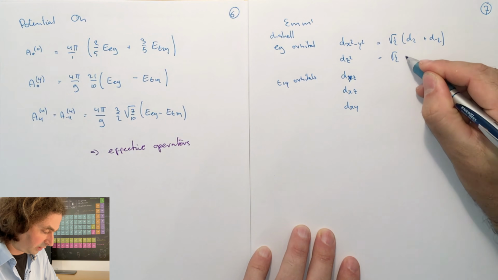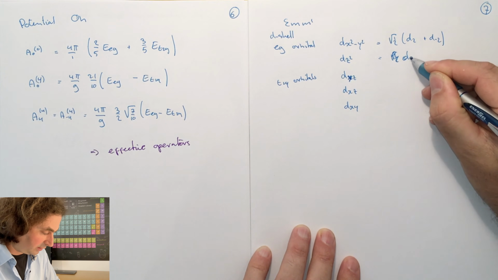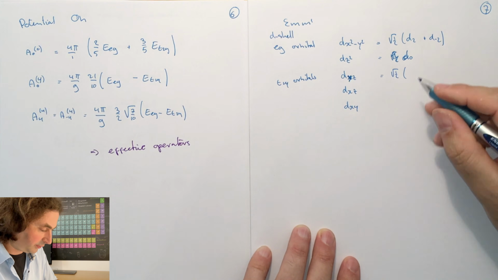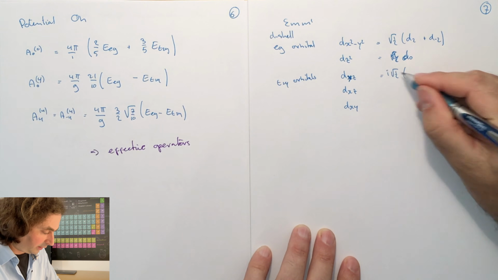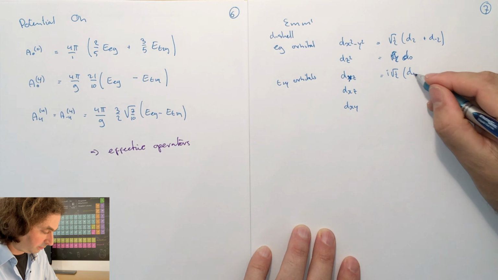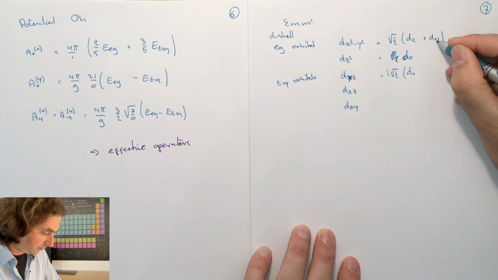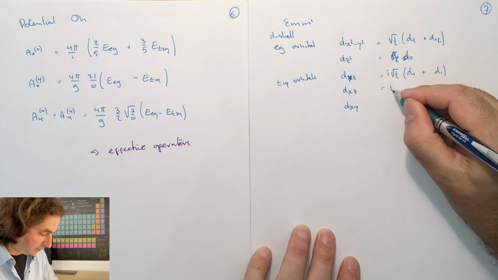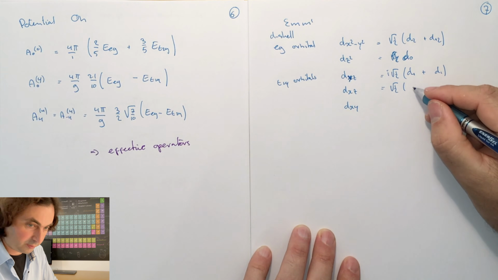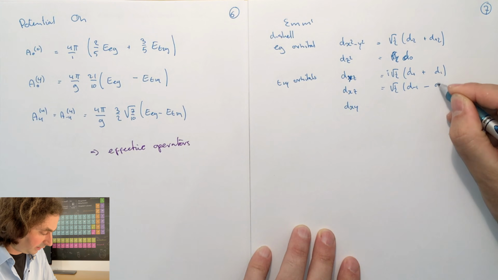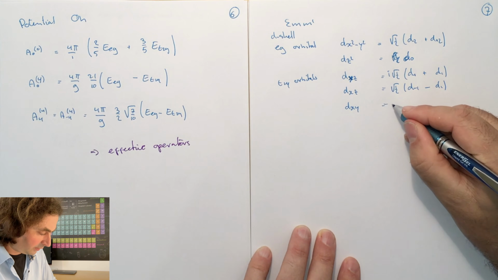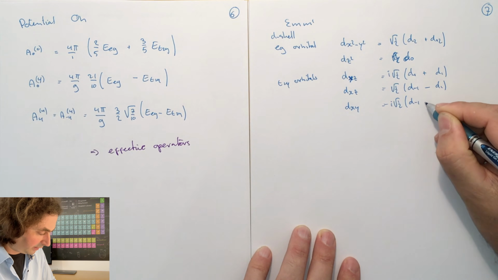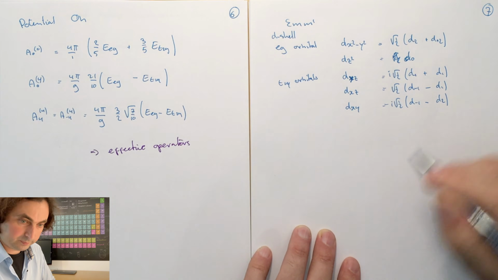This is square root of a half, just the d0, and this is square root of a half, I times d1 plus d minus 1, this is square root of a half, d minus 1 minus d1, and this is I square root of a half, d minus 1 minus d2.